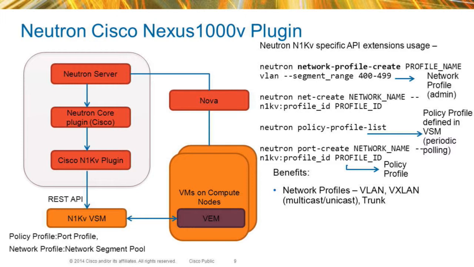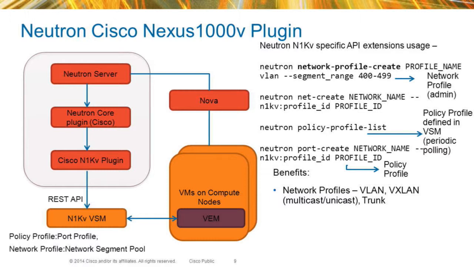So what are some of the benefits of using the N1KV versus OVS or any other Linux bridge open source solutions? Well, the first one is to be able to use the network profile. As I discussed, with network profile you can define your segmentation scheme. You can have VLAN, VXLAN, VXLAN with a sub-profile of multicast or unicast, or define a trunk profile as well.